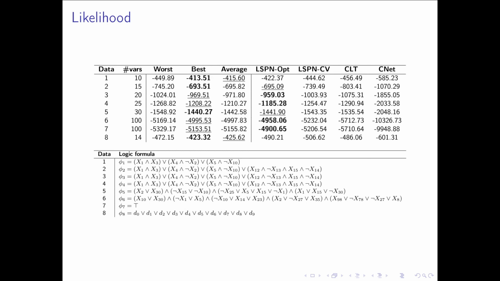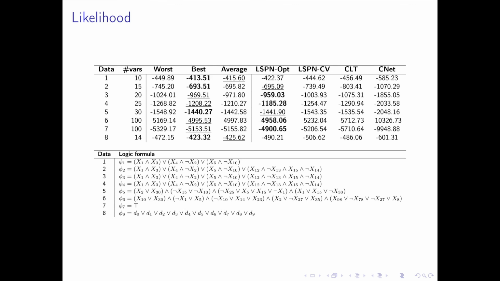And on the table below here, we have the logic formulas which are used for generating these data sets. So we have here a special case for data set 7, in which we gave the tautology. So basically there is no prior knowledge, there are no logical constraints for the data sets. It's a purely probabilistic setting.